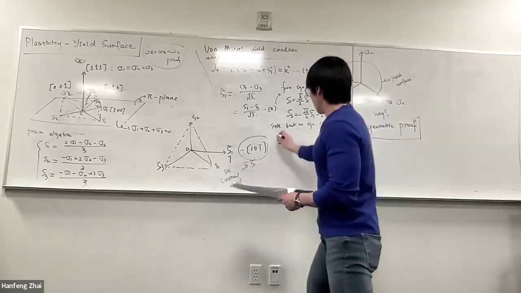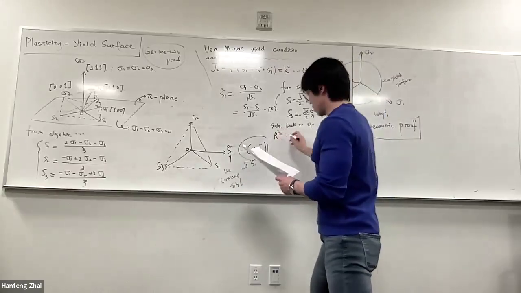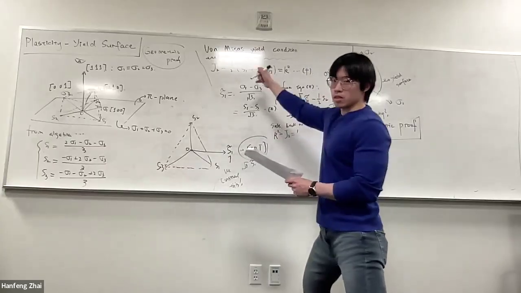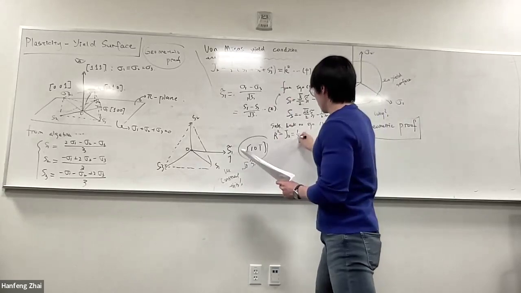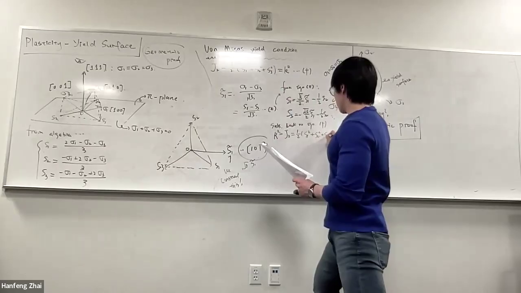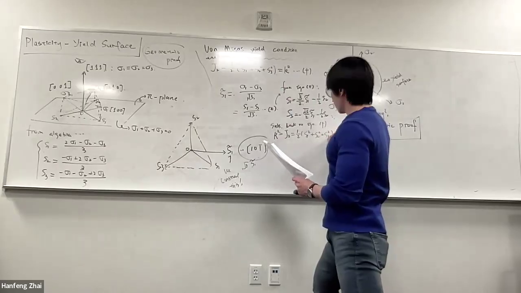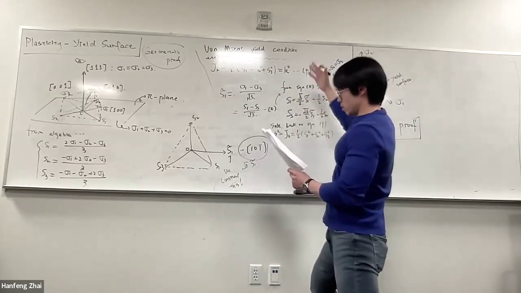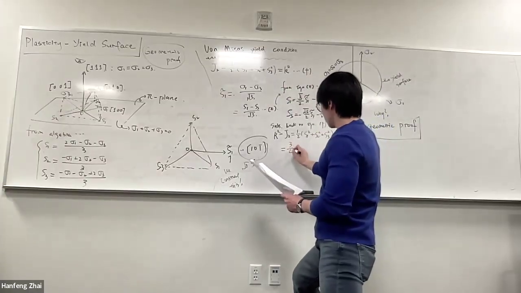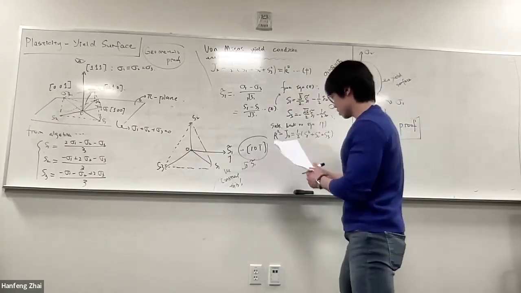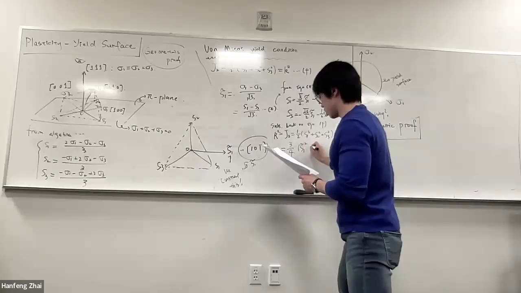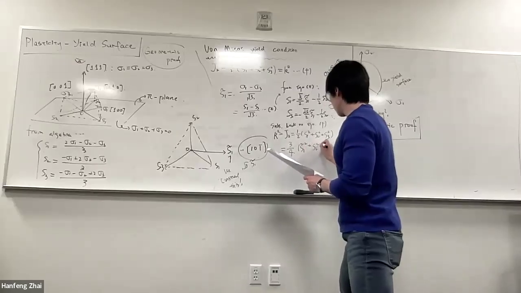So what do we get? We have K squared equals J2 equals, I'm just using the definition equation we just wrote down, right? 1/2 S1 squared plus S2 squared plus S3 squared. So far, it's everything the same, no difference. Doing the algebra, what do we have? 3/4 S1 tilde squared plus S2 squared.